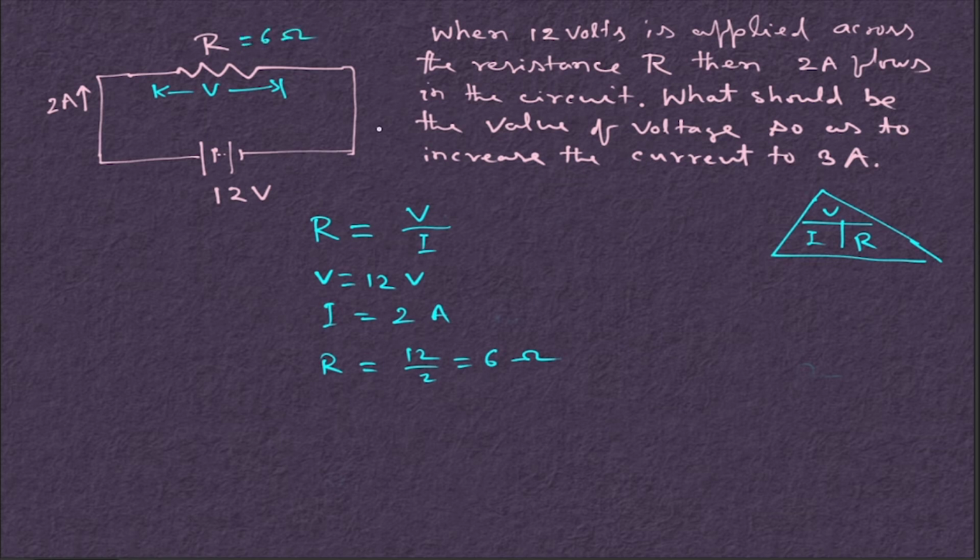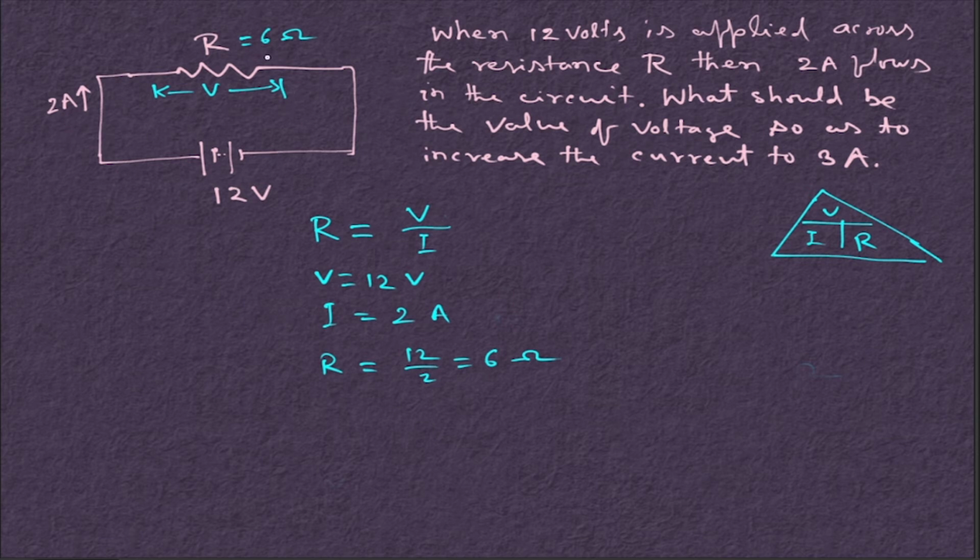In the second case, what should be the voltage so that the current will be increased to 3 ampere? The voltage will increase so that the current will increase. So the voltage will be more. And we have to calculate the voltage; here we have to connect another battery so that this voltage will increase and the current will be 3 ampere.